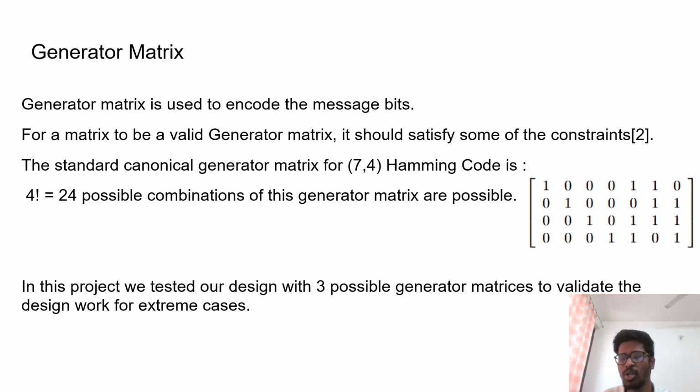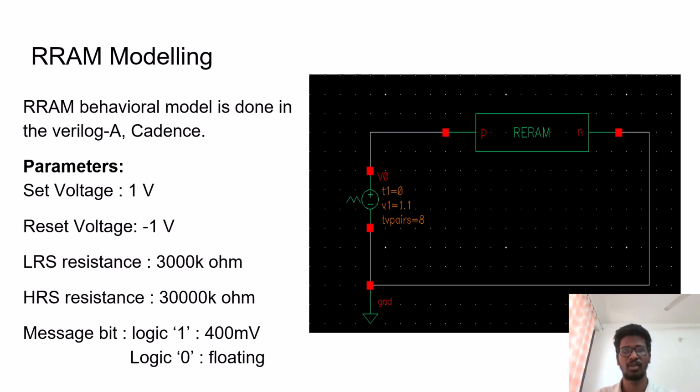Here we have 24 possible combinations for the generator matrix, and we use only three possible combinations. We take these combinations using some constraints, like the rows of the generator matrix are linearly independent and G times H transpose should be 0. Here G is the generator matrix and H is the parity check matrix.